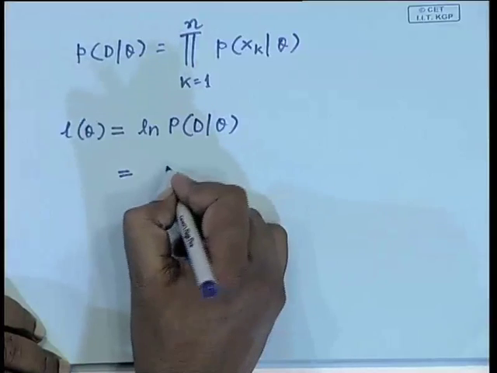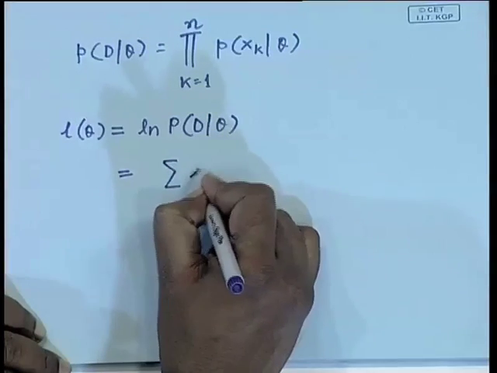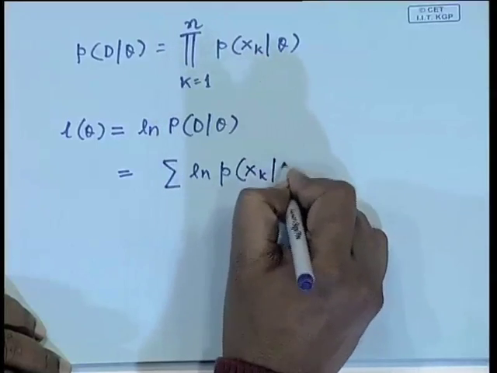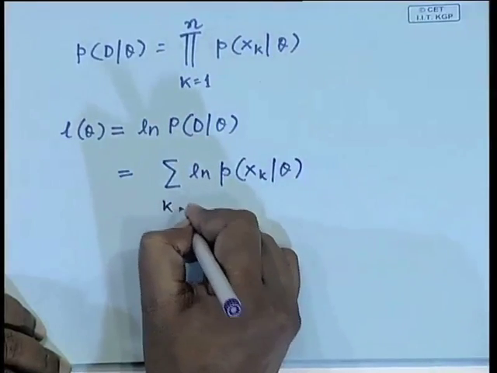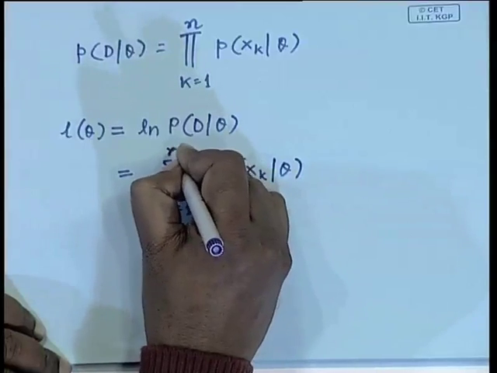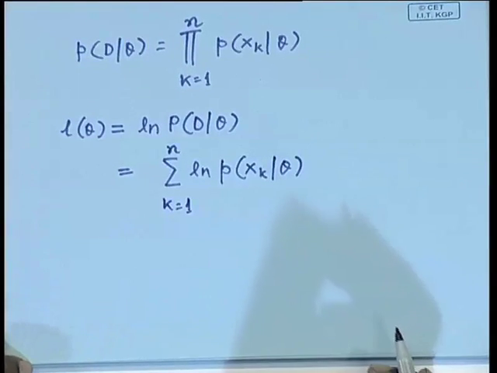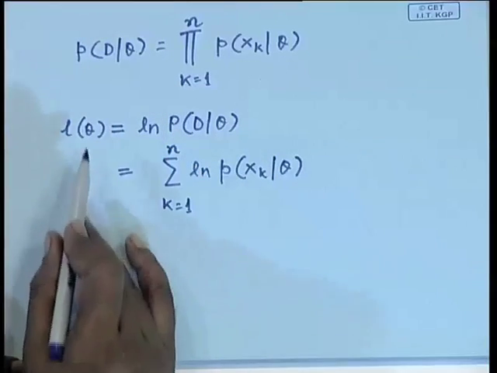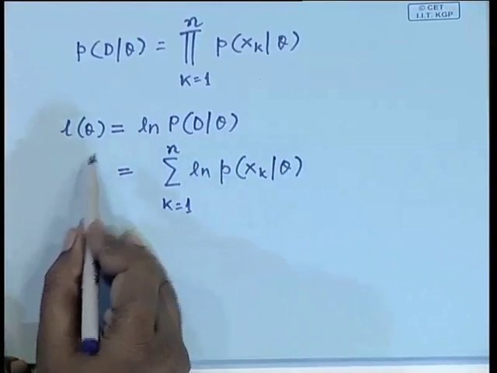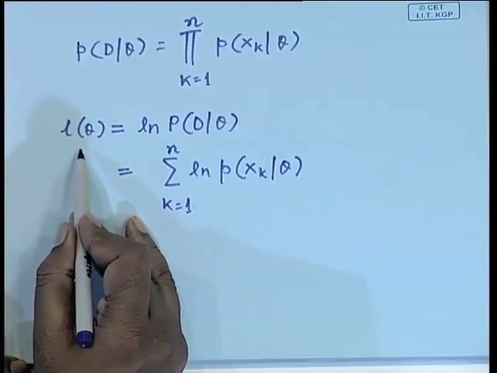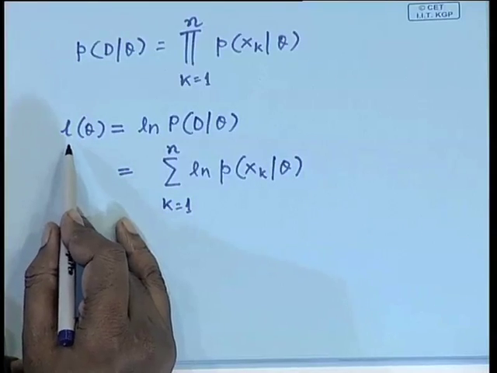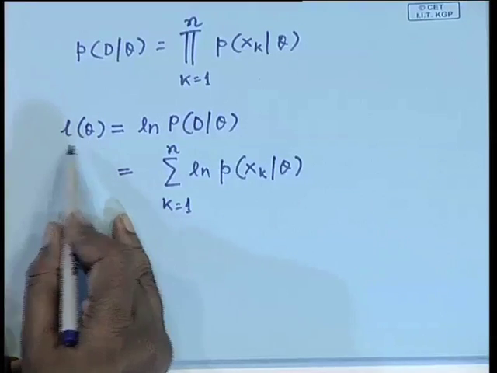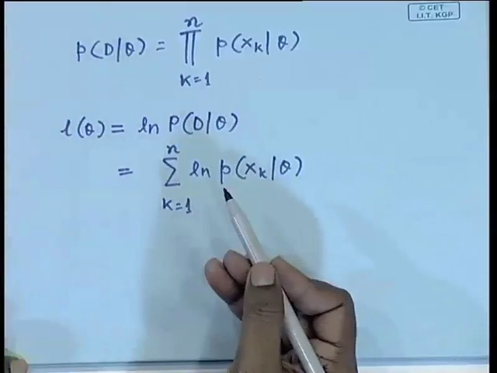So, this will be converted to the sum of log of p of x k given theta, where k varies from 1 to n. This is the likelihood value of theta, and this is the log likelihood value of theta. Because we are trying to estimate theta, I simply represent this as L of theta, a function of theta which we are trying to maximize.